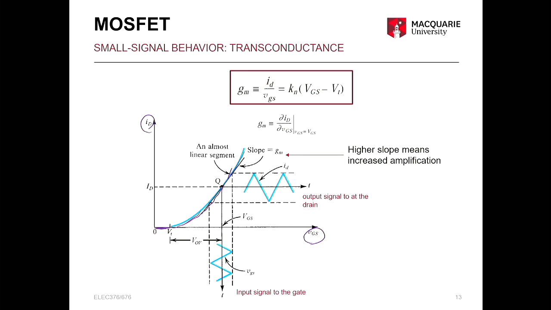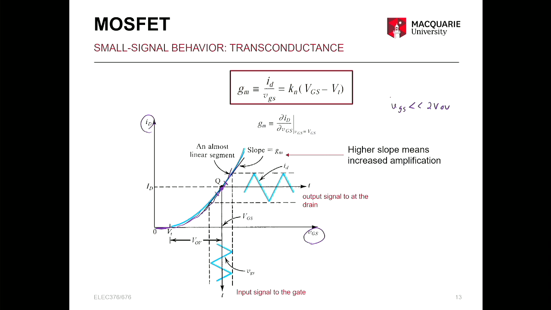And once you set the Q point, in a very tiny region around the Q, you can assume it as linear. If that condition called VGS less than 2 VOV is met, you can consider this as a linear region, and you can find a slope to that.